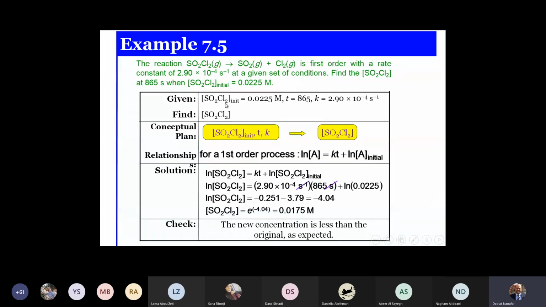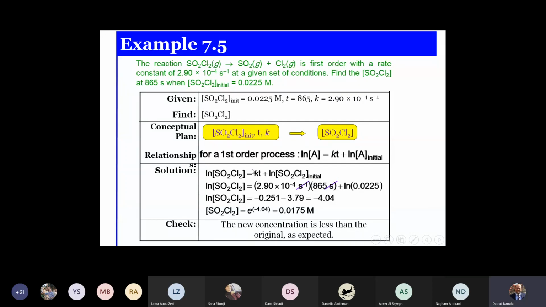So given [SO2Cl2] initial, the time t, and k, we want to calculate [SO2Cl2] at time 865. Since the reaction is of first order, we apply directly the relation ln [A]t equals ln [A]0 minus kt.